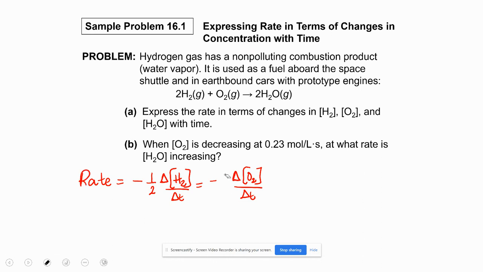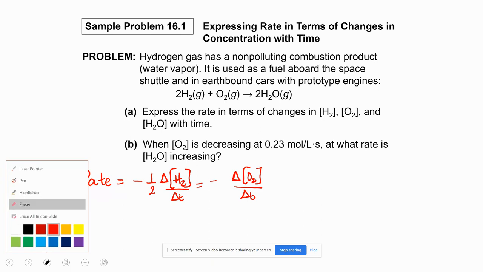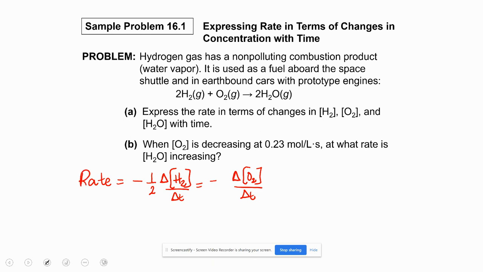Okay, so no 1/2 on the O2, right? Okay, and then for the water, now I have a 1/2 change in water over change in time.